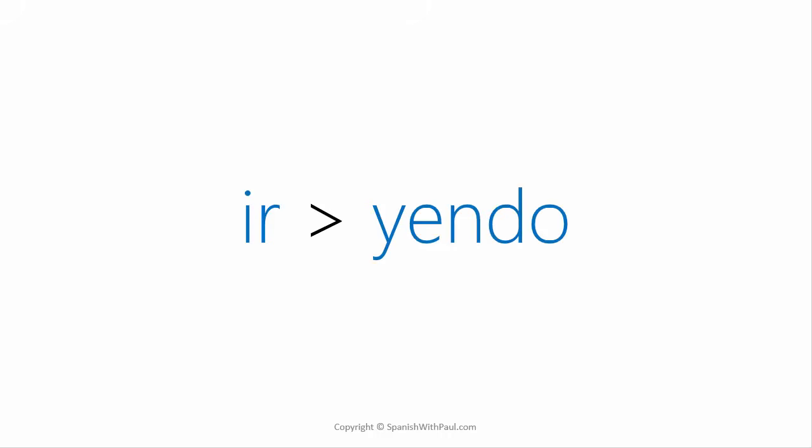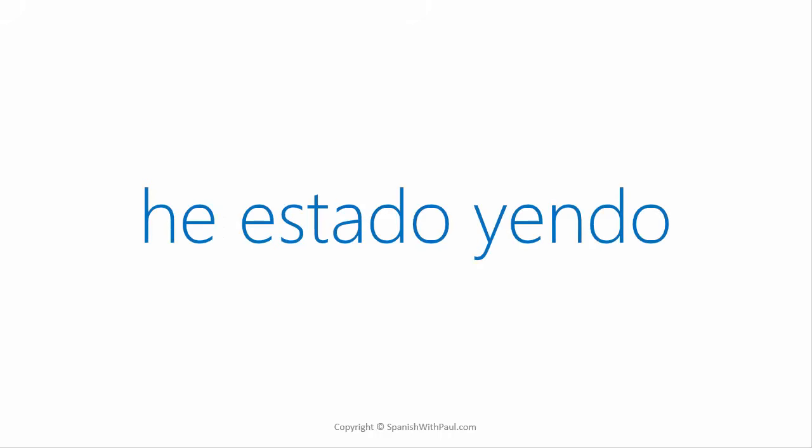I'd like to leave you with something interesting now, and that is with the verb to go. In Spanish, this is ir. Now, to express going, so here we have the ing, the verb ir changes its sound to yendo. Yendo. How would you say, I've been going? He estado yendo.